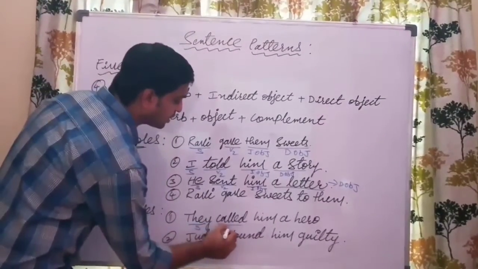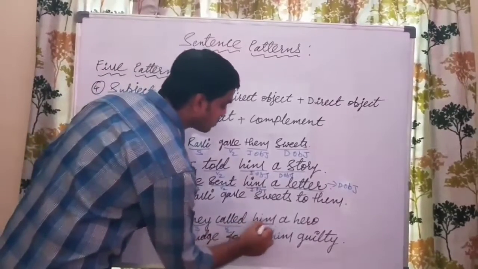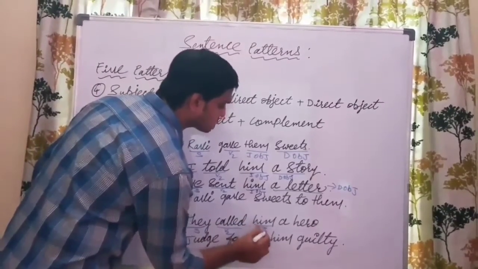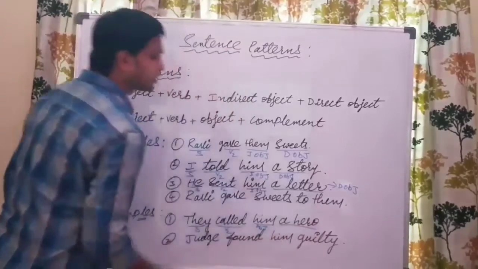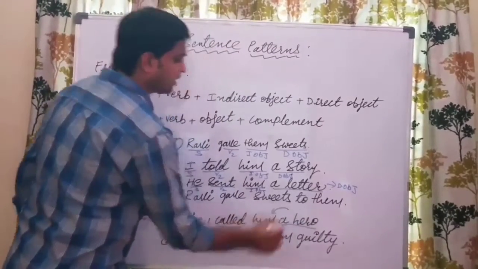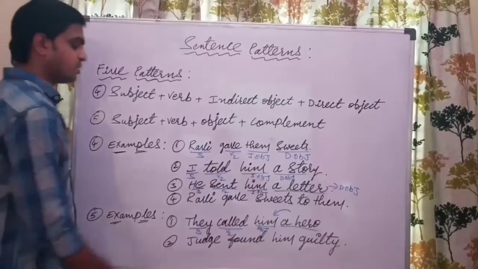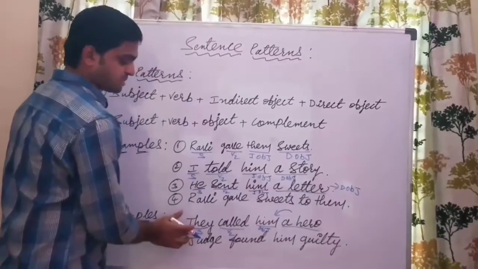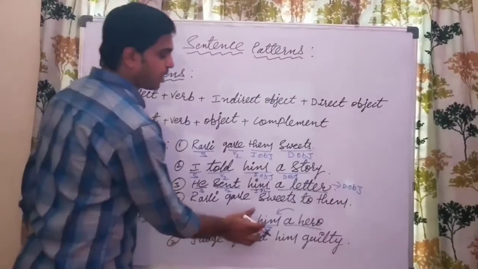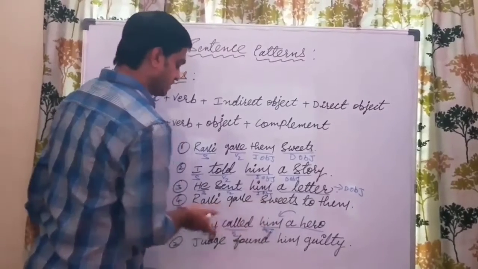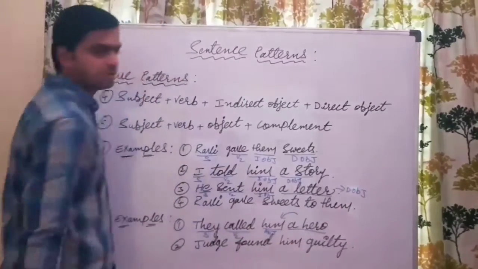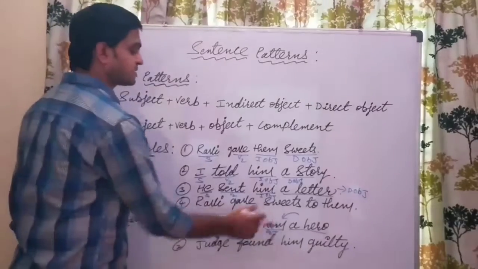Called is V2, V3. And here him is the object about whom we are speaking. And a hero is the complement given towards the object him. So this is about a subject: they called, V2 form, the object is him, and about him these people are speaking. What is that here? A hero, they are telling. It is a compliment given towards the person.